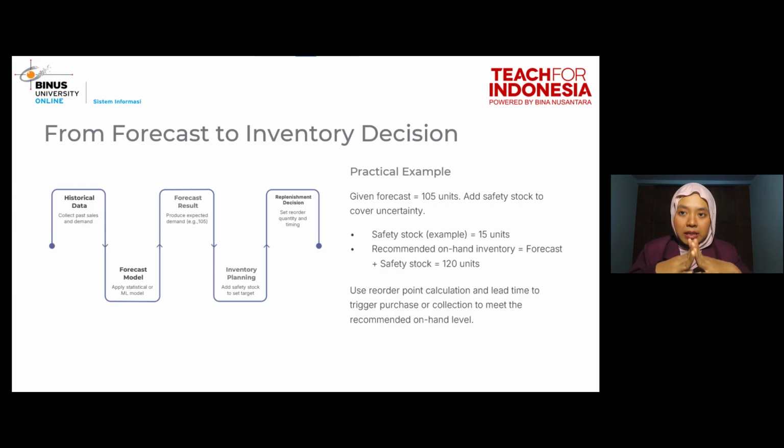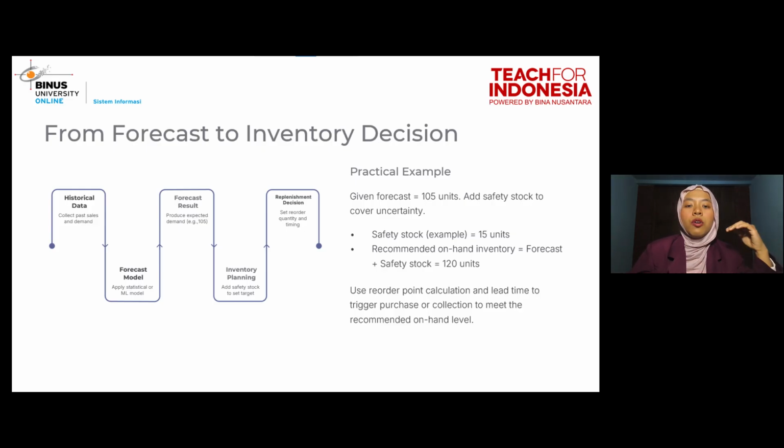Suppose the forecast predicts a demand of 105 platelet units. Managers know that forecasts are never perfect, so they often add a safety stock to protect against unexpected demand increases. If the safety stock is 15 units, the recommended inventory level becomes 120 units. This inventory target helps managers determine how much inventory should be available before the next replenishment cycle.